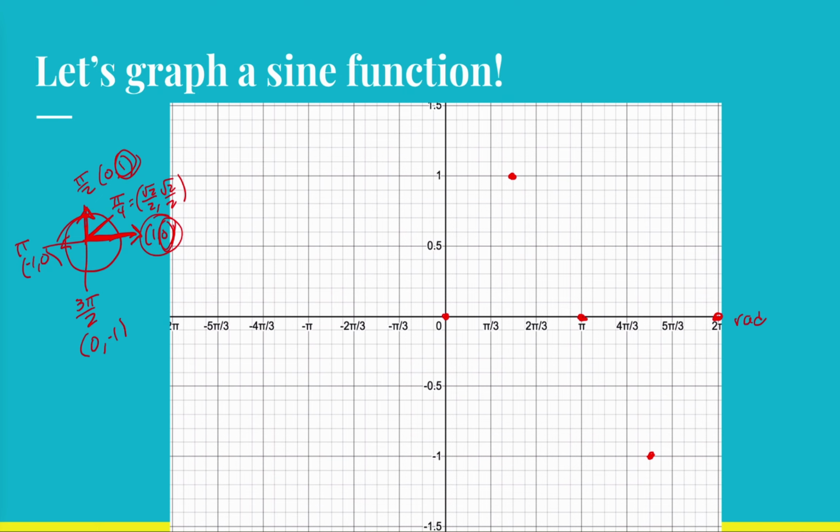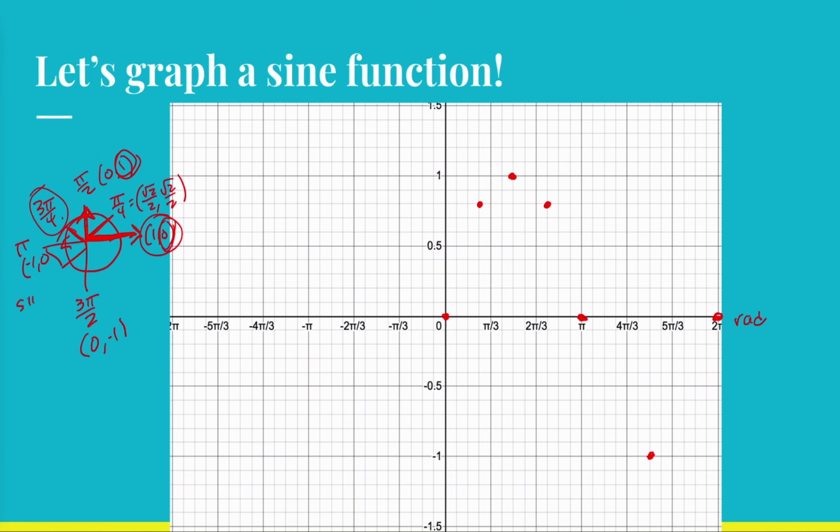So halfway, root 2 over 2 should be at 0.7, this is 0.5, 0.7 should be here. And then at 3 pi over 4, you're going to have that same root 2 over 2, which is also going to be 0.7. Should be like that.